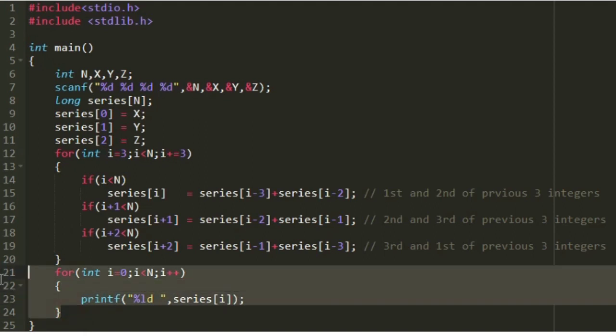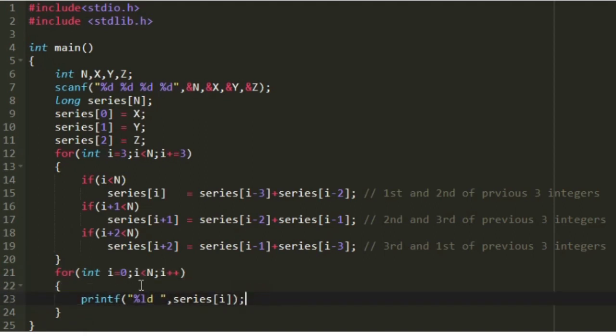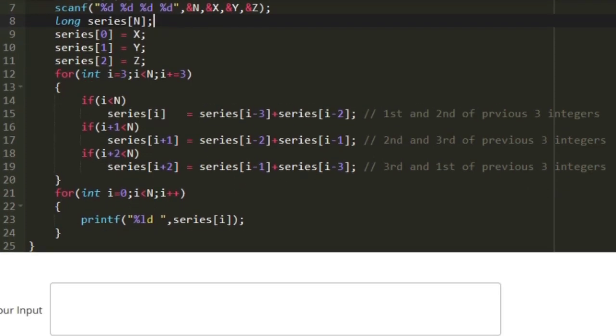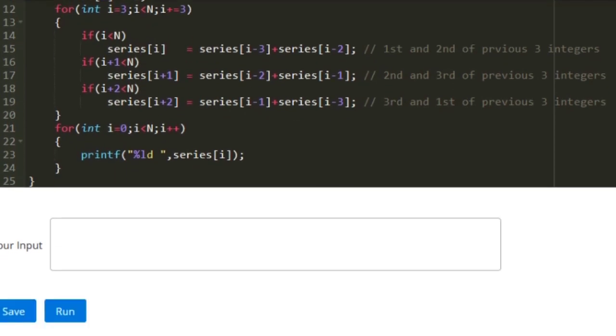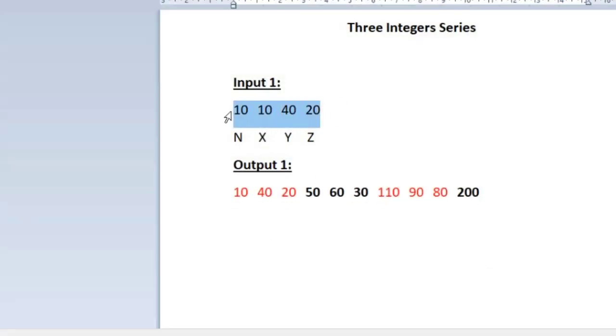Like this we will be doing again and again until i is less than n, and finally after the for loop finishes its execution, our expected series will be stored in the array named series. Again I am using a for loop and I am printing the first n integers that are present in the array series, and here I have used printf %ld because it is a long array, so we need to use %ld.